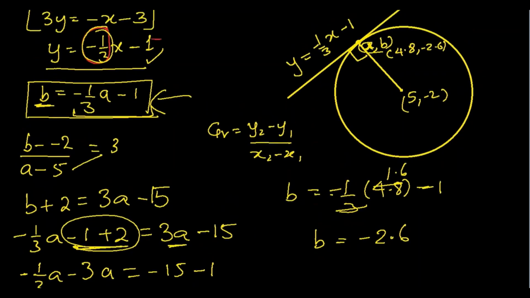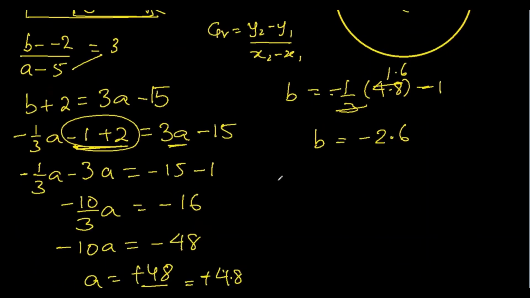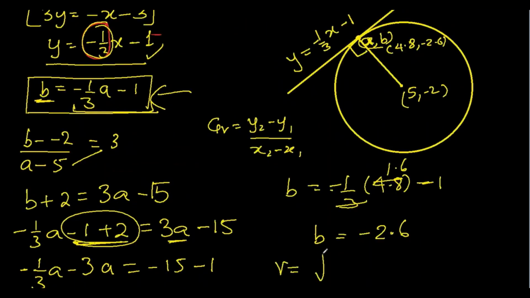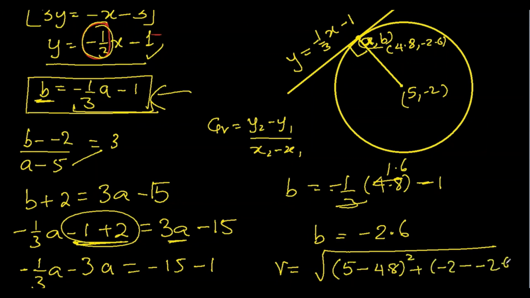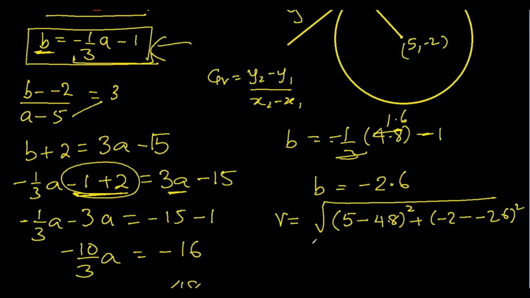So we know both the coordinates of A and B now, which are 4.8 and -2.6. And now we can find the radius. According to the distance formula, r will be equal to the square root of (x2 minus x1) square plus (y2 minus y1) square. Let's square both sides so that we get rid of the square root, and we need r square.